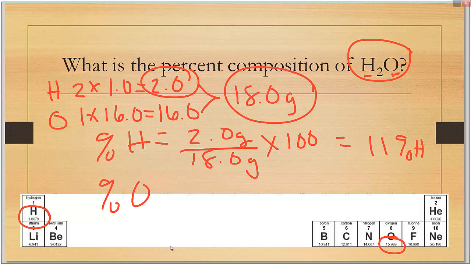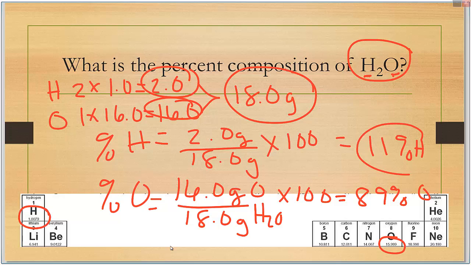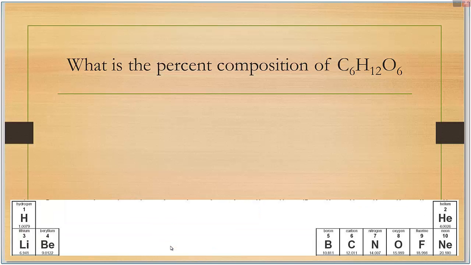Now we can do the same thing for oxygen. 16.0 grams from the mass of the oxygen over 18.0 grams from the mass of the water times 100. That comes out to be 89% for oxygen. Another way you could have done this is once you solve for the hydrogen, you can do 100 minus 11, and that would still give you 89%. Because they have to add up to 100%.